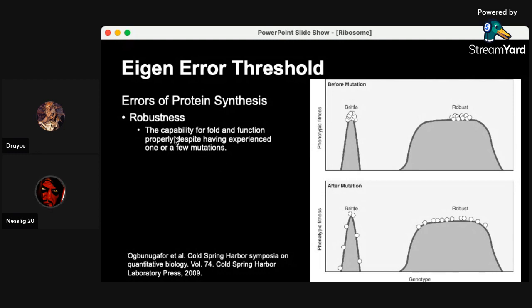They are capable of folding and functioning properly even though they experience a few errors occasionally, as this figure shows. You have a brittle protein and a robust protein. Both of these experience the same number of errors, but the brittle protein often gets broken. It becomes non-functional very quickly. But the robust proteins stay functional despite these errors.